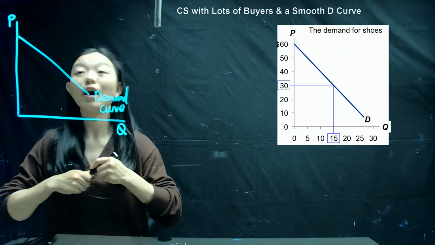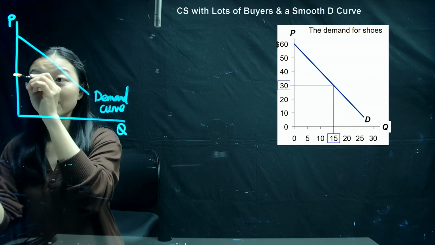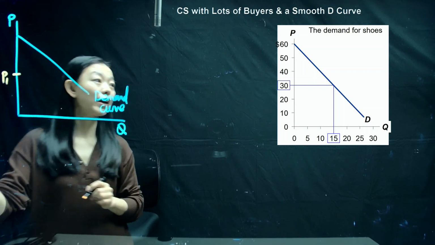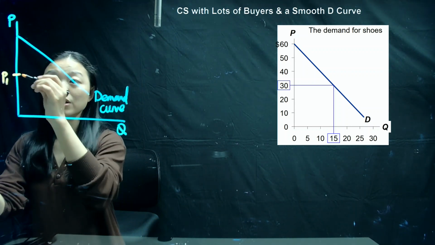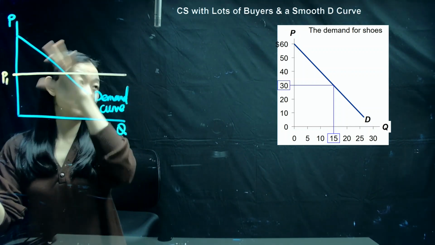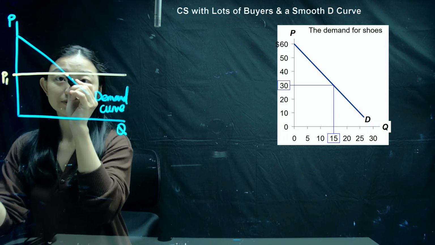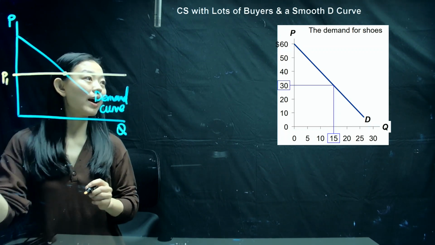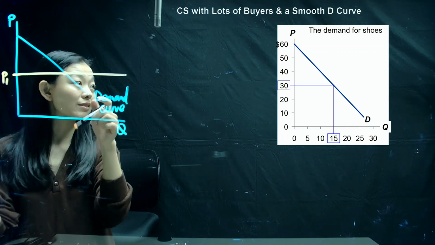If I ask you how to compute consumer surplus if the market price is at P1, how can you do that? What you need to do is draw a horizontal line across this graph. Then you will have one point on the demand curve, right?